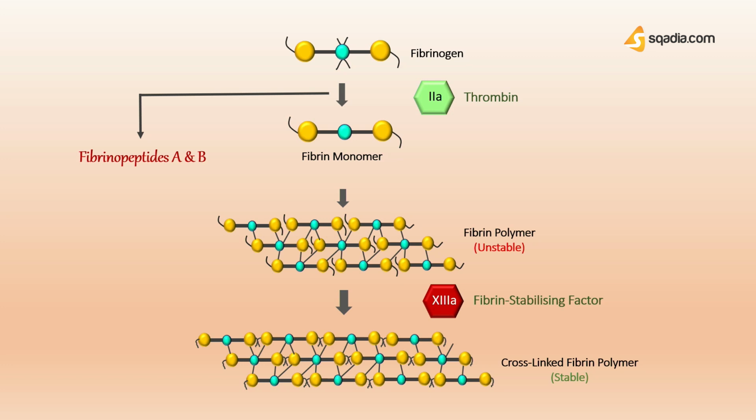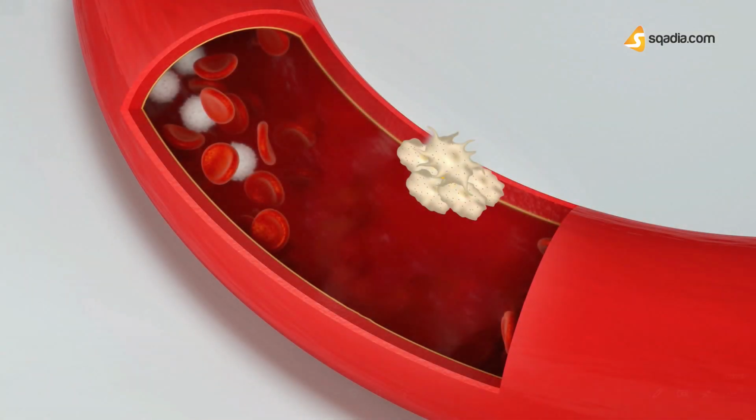This factor 13 actually links the side chain of the fibrin threads via covalent bonds. Well, not only this, the thrombin actually also supports the platelet aggregation, resulting in a very stable, tight seal that is formed by these aggregated platelets and the fibrin meshwork.